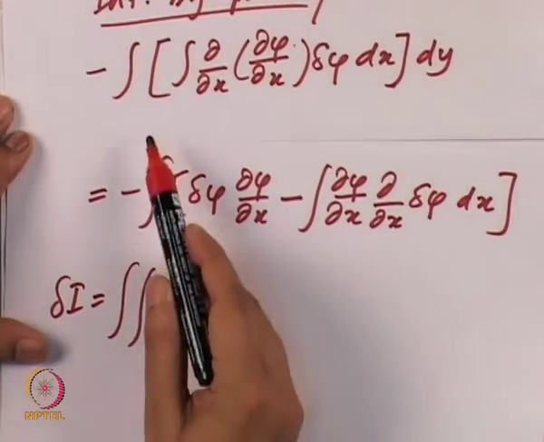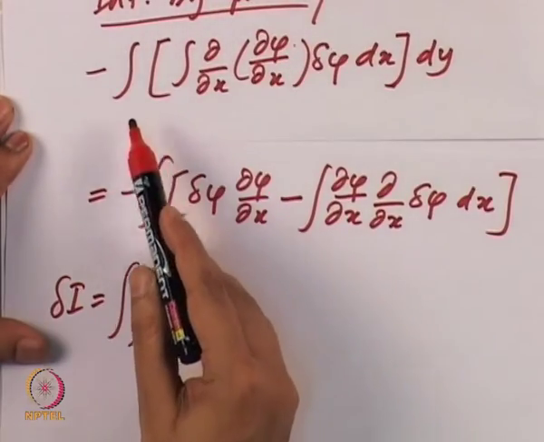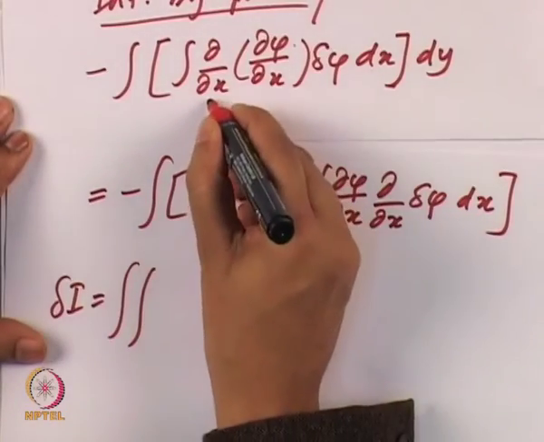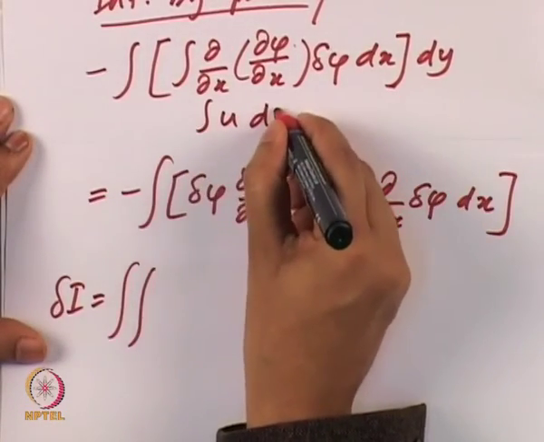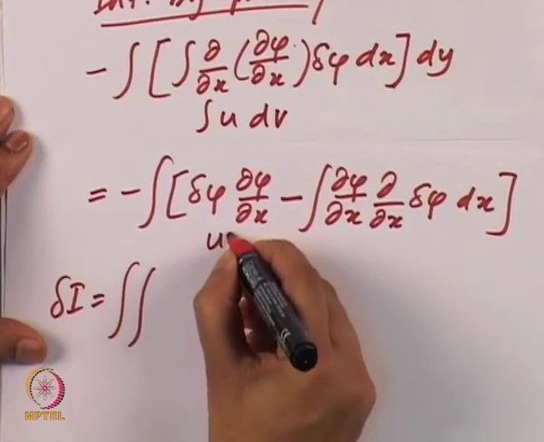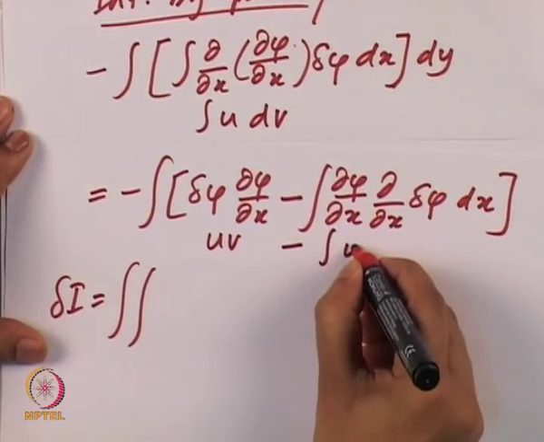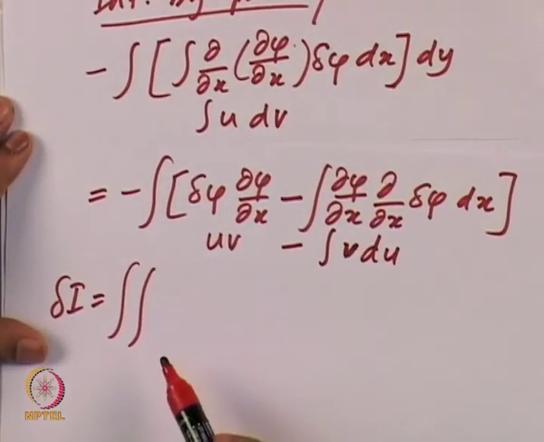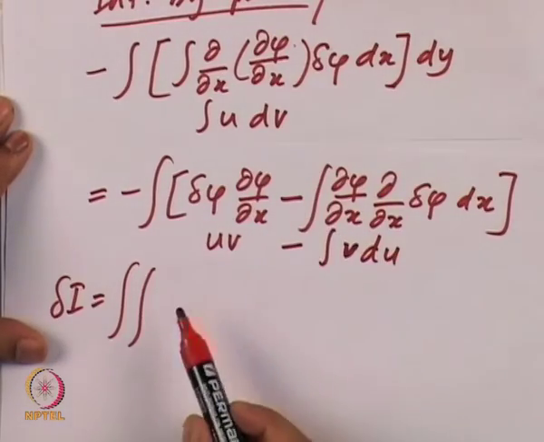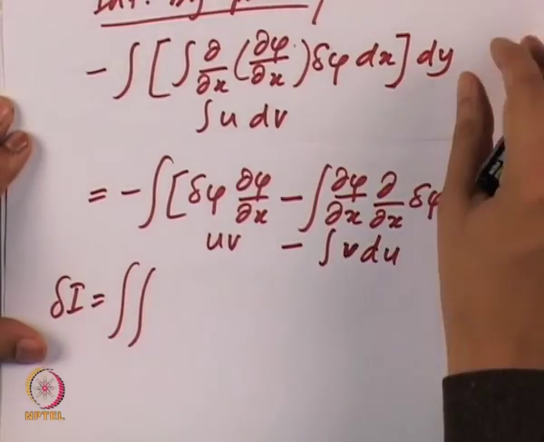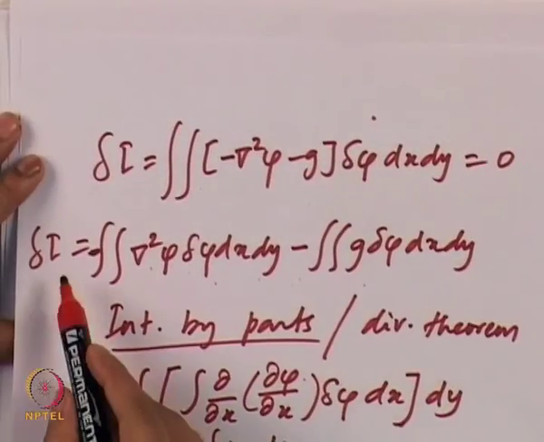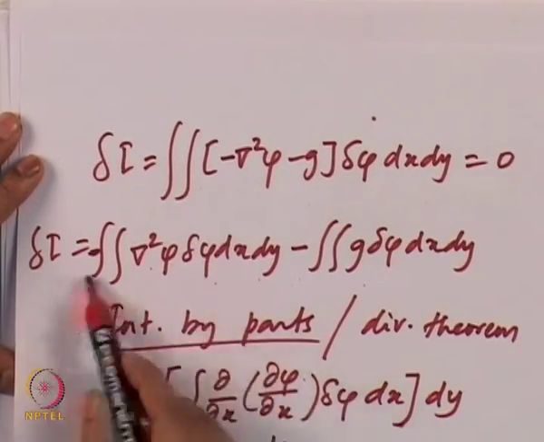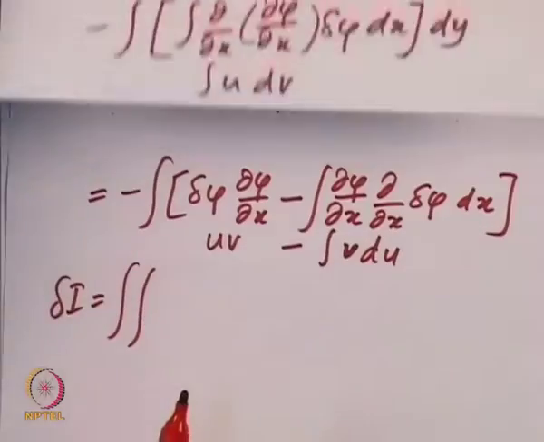This expression is the way to get from integral u dv, so integral u dv is equal to uv minus integral v du. So this is the integration by parts. I am applying that integration by parts on my initial expression of the small variation on this particular integral.